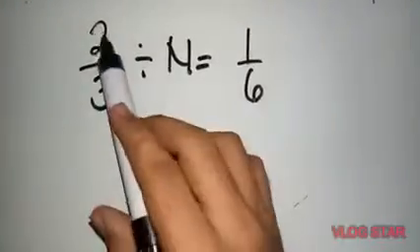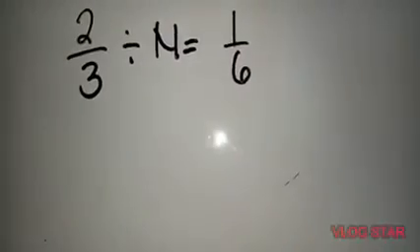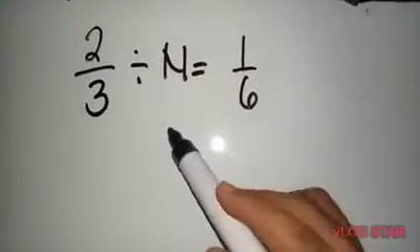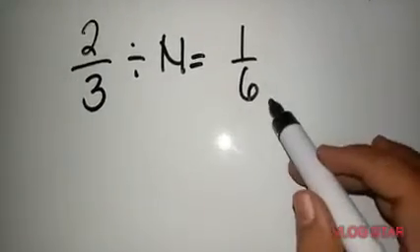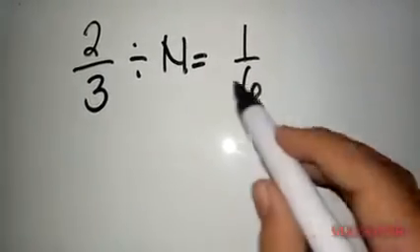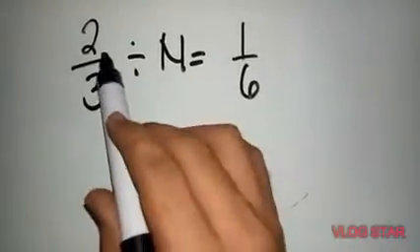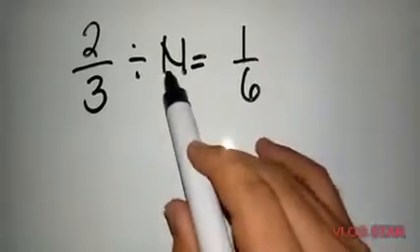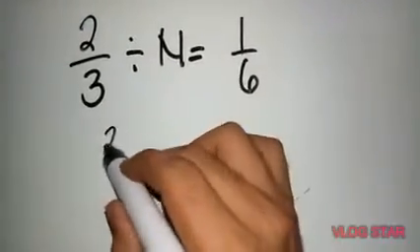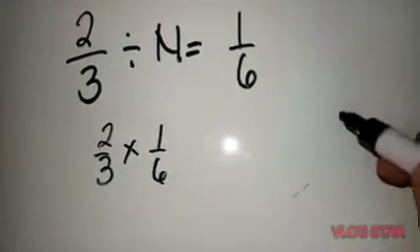So next example, 2/3 divided by n is equal to 1/6. So if this is the case, the dividend is given and the quotient is also given, and we need to find the divisor. Just divide the dividend by the quotient to get the divisor. So 2/3 divided by 1/6.